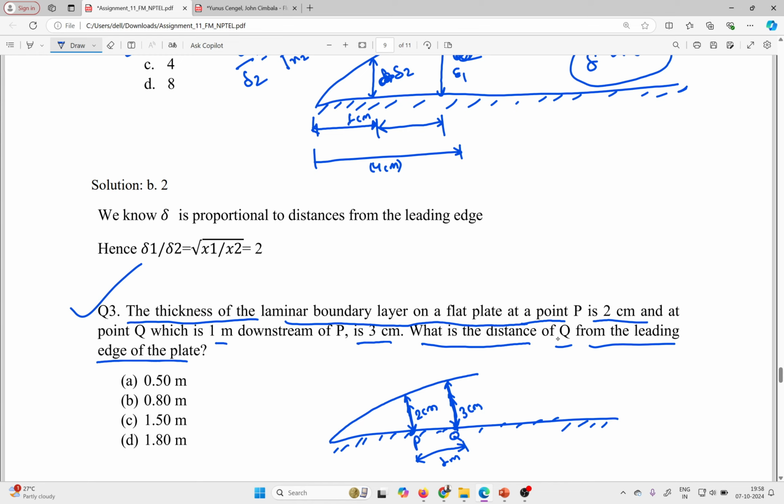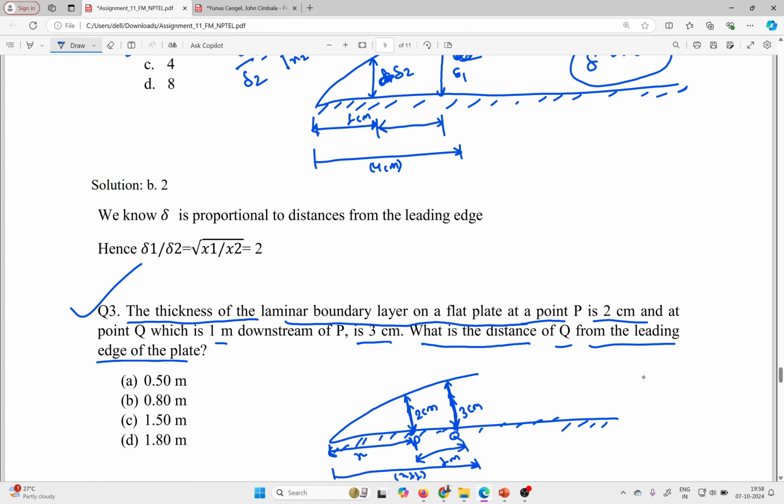What is the distance of Q from the leading edge? So this distance we need to know. If this is x, this is x plus 1. Your formula is, if it is laminar flow, here the laminar boundary layer is given already.